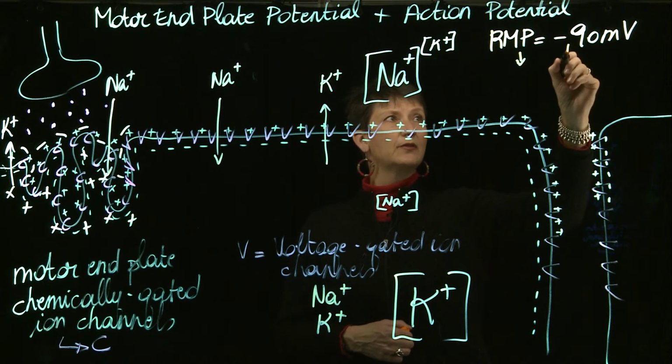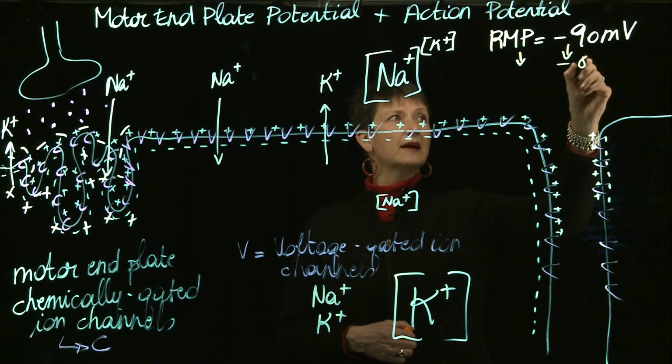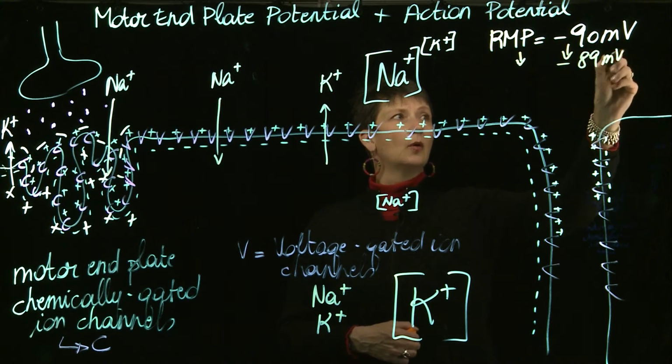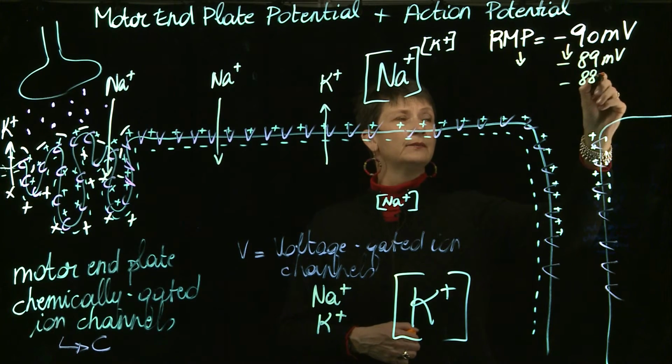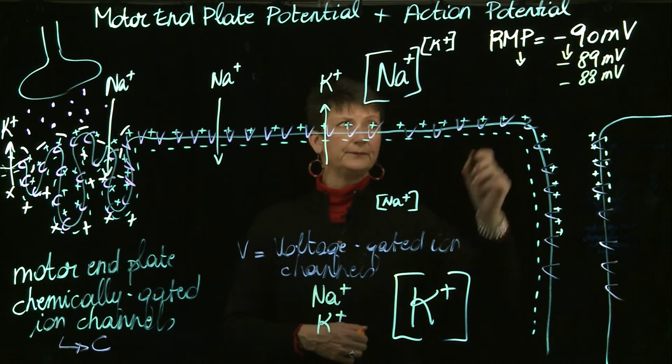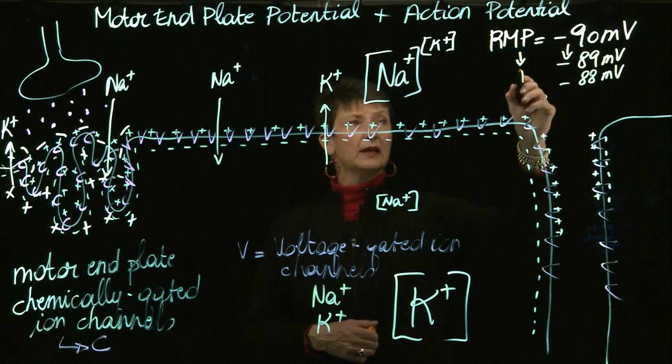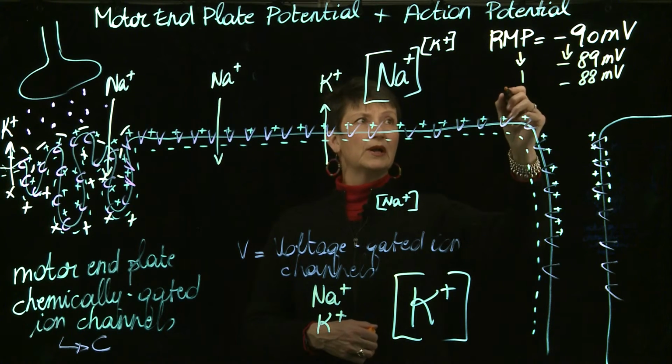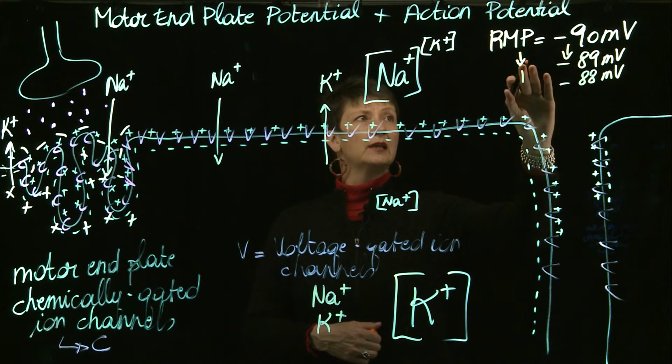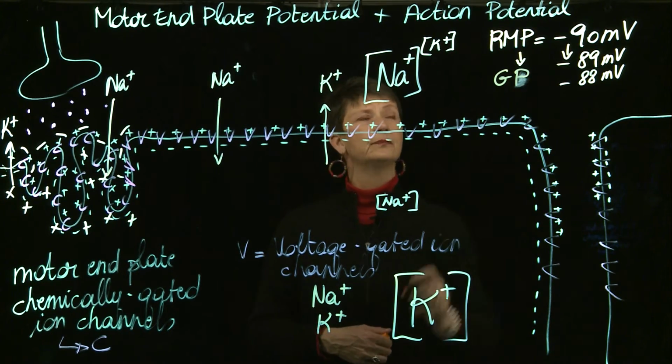So an example of that could be minus 89 millivolts or minus 88 millivolts, etc. So we're going to see that our resting membrane potential is turning into what we better call a graded potential.